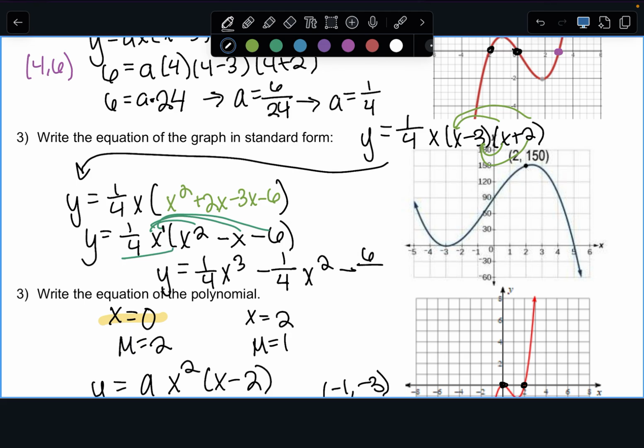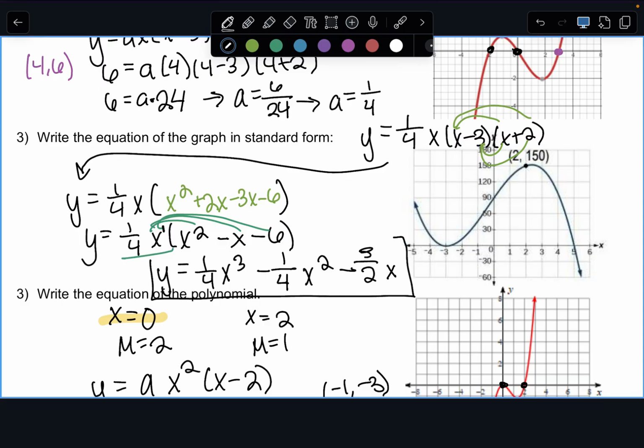So -6/4 x. We should write 3/2. That's exactly what I was about to say. 6/4 can be simplified. Divide top and bottom by 2, we get 3/2.